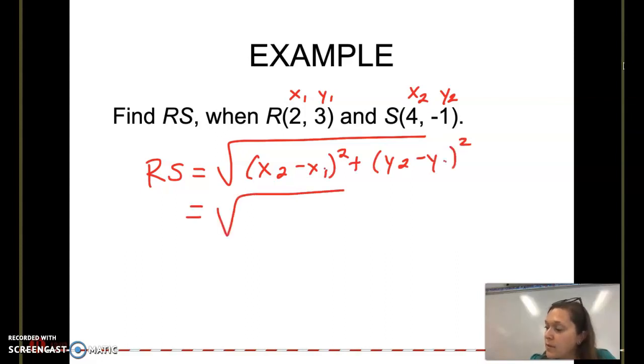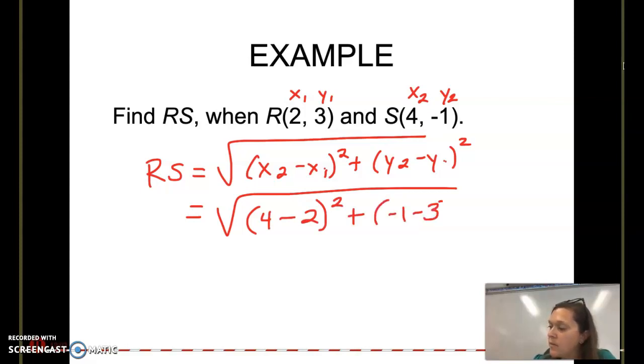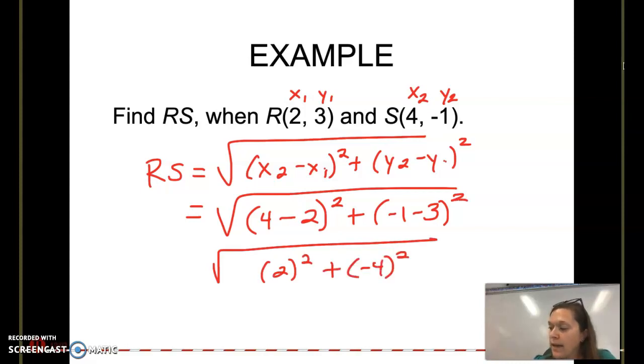Now plug in your numbers. X sub 2 we have is 4 minus x sub 1, which is 2, and we'll square that difference. Do the same thing for y sub 2, negative 1 minus y sub 1, which is 3, squared. Keep going. 4 minus 2 is 2, and then I'm going to square that. Negative 1 minus 3 is negative 4, then I'll square that.